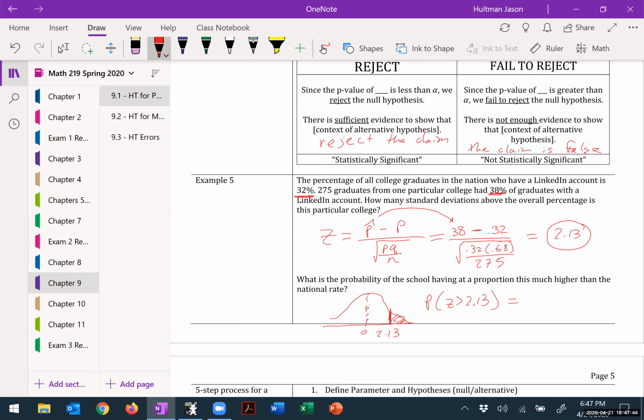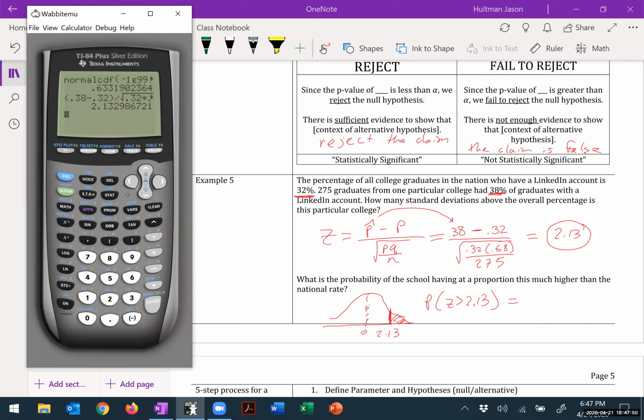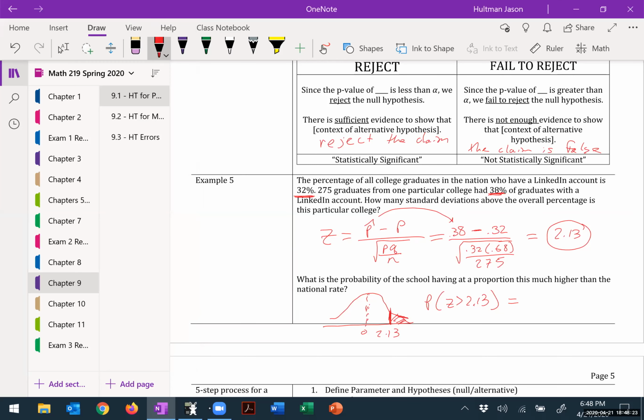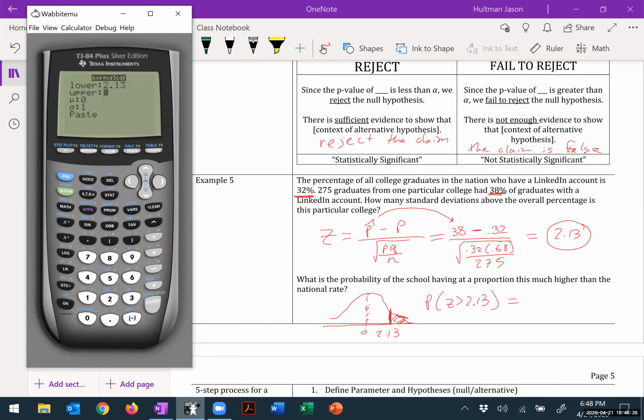This is going to be normal CDF of a standard normal curve. So 2nd vars, normal CDF. We want the lower to be 2.13 and the upper to be positive infinity. That's what we're testing here.